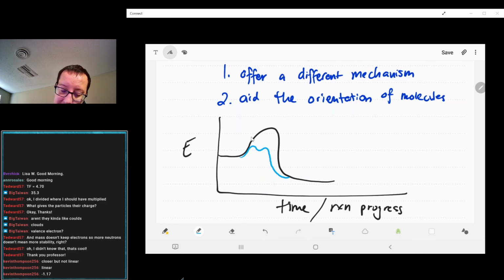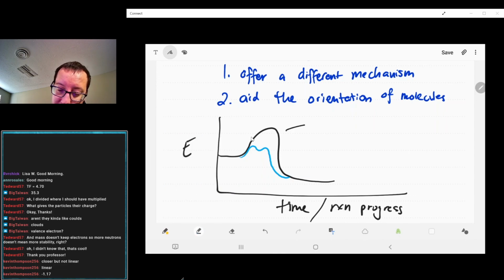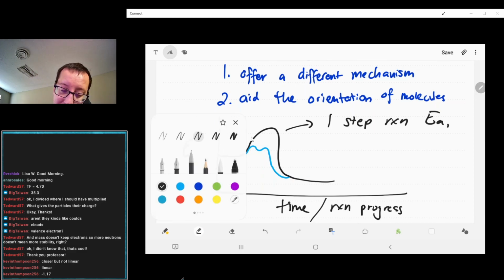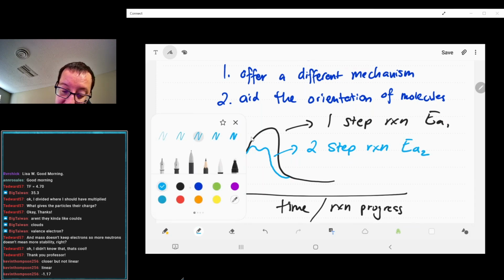So maybe instead of, in this particular one, we have a one-step reaction. We'll say it has EA1 or something. Maybe our catalyst can give us an alternate two-step mechanism, which has, in this case, it would have a lower activation energy.